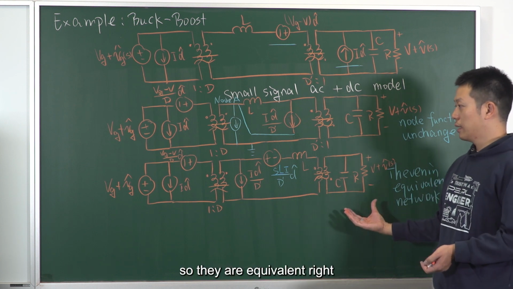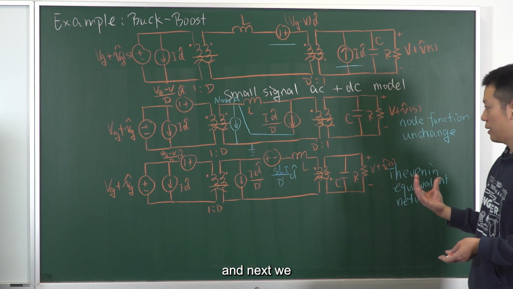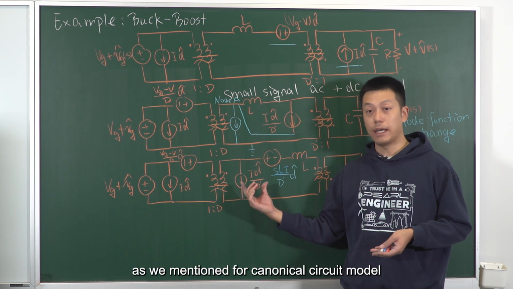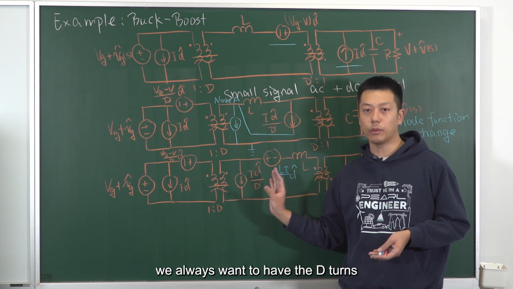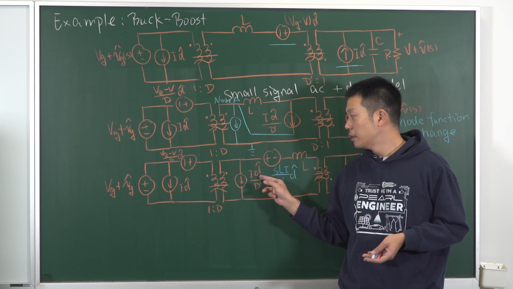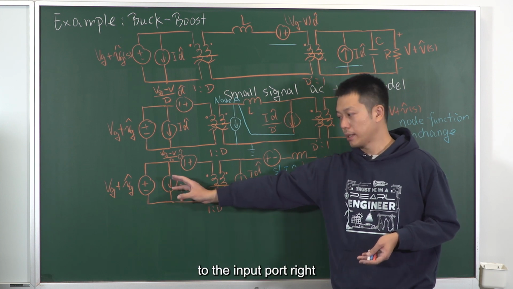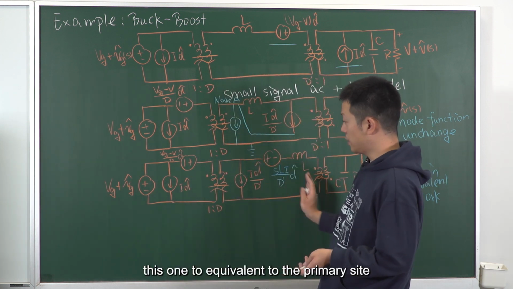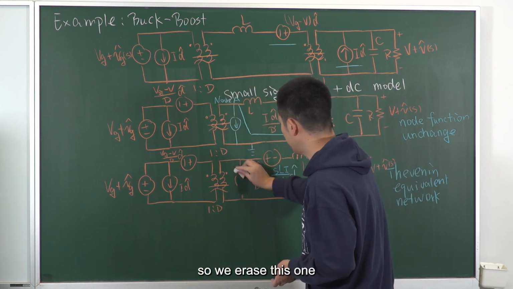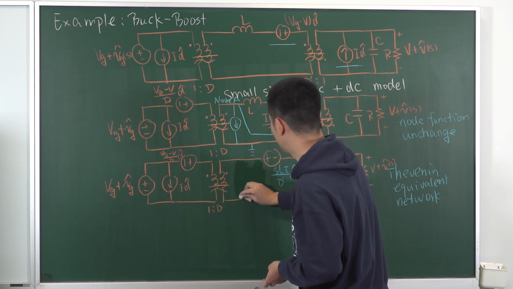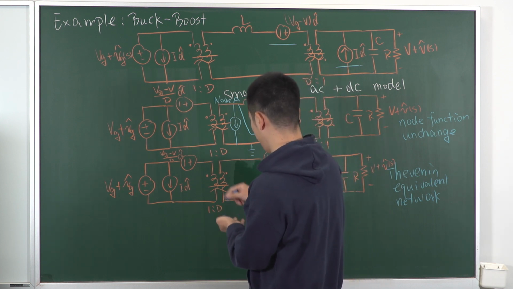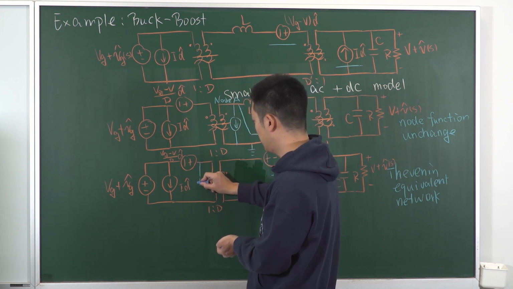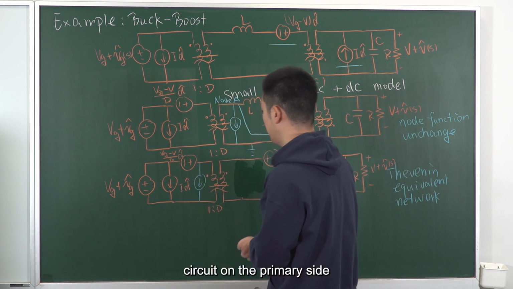So they are equivalent, right? And next, we look at this current source. As we mentioned, for the canonical circuit model, we always want to have the D terms at the input port, right? So we can modify this one to be equivalent on the primary side. So we erase this one, and plot the equivalent circuit on the primary side.